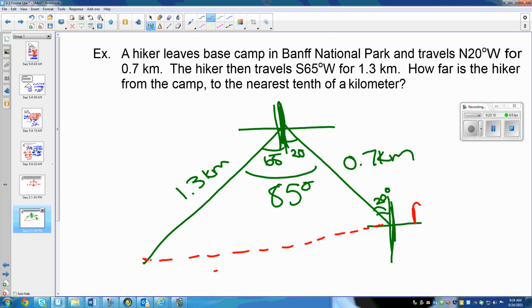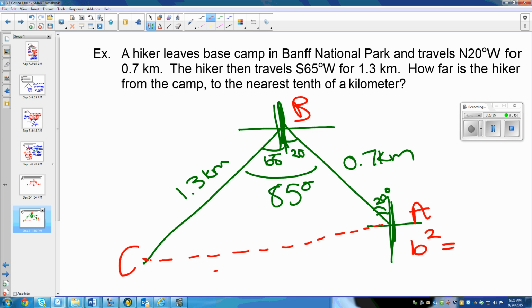So if we label this triangle ABC, you'd say b squared is equal to 1.3 squared plus 0.7 squared minus 2 times 1.3 times 0.7 cos of 85 degrees. And you'd solve for it, right?